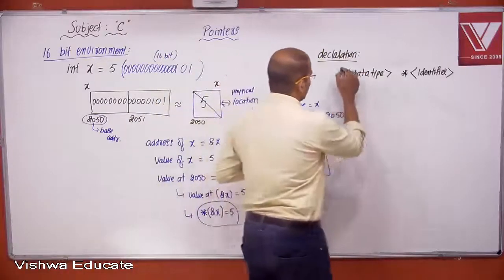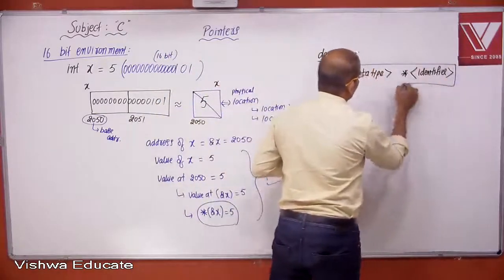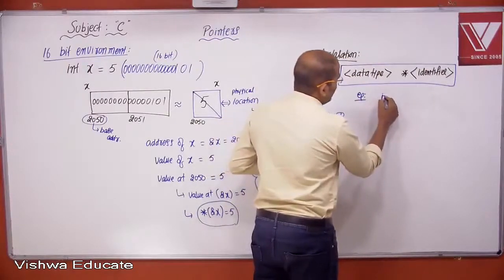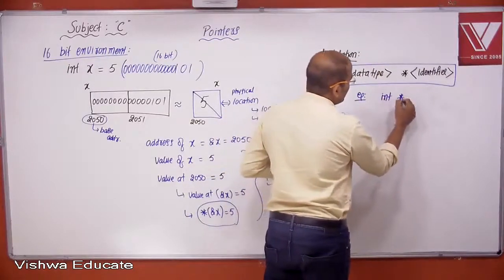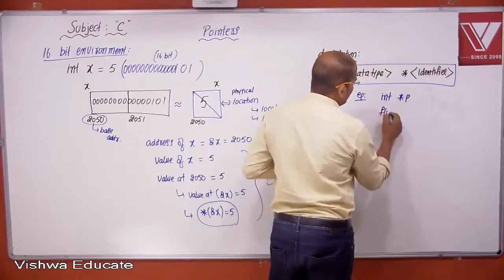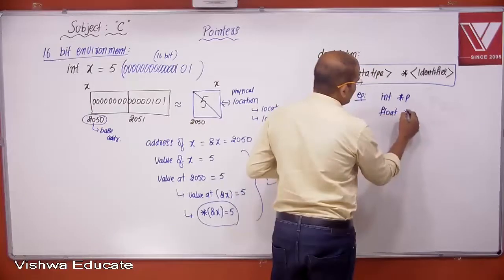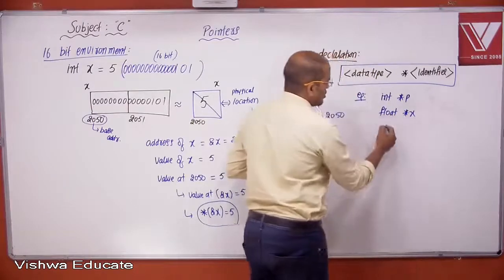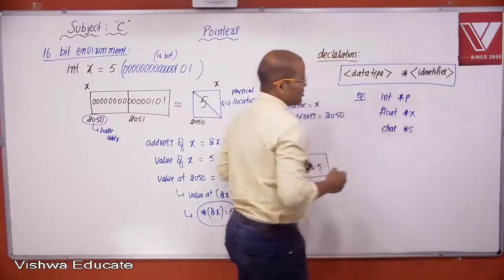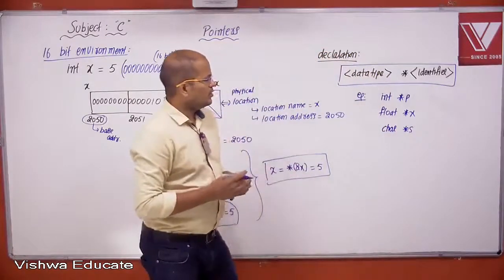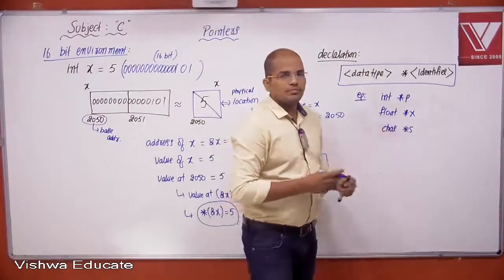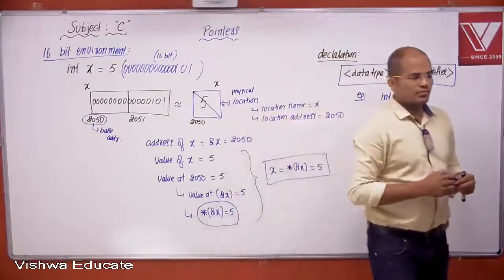So examples: int pointer p, float pointer x, char pointer x. So, pointer variable. Okay, please copy it down carefully.